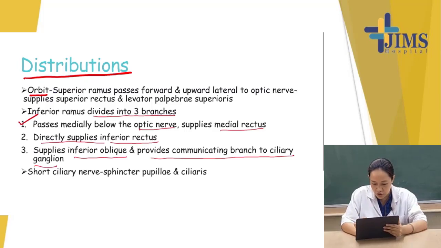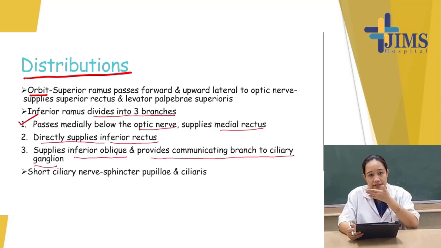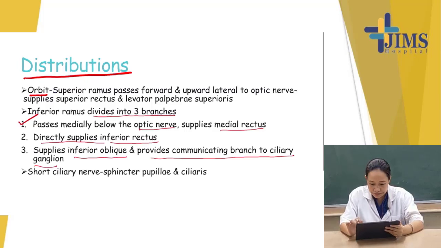The second branch goes to the inferior rectus, and the third branch goes to the inferior oblique. So, this third branch which goes to the inferior oblique provides a communicating branch to the ciliary ganglion, through which it supplies the sphincter pupillae and the ciliaris muscle.